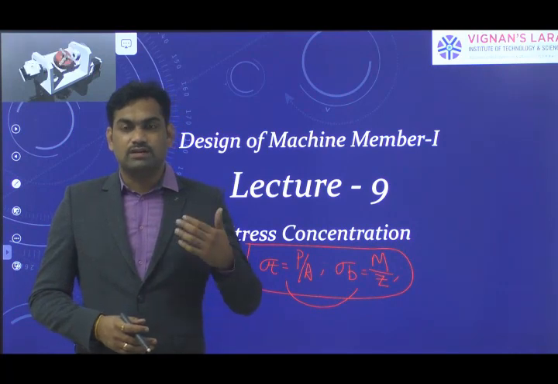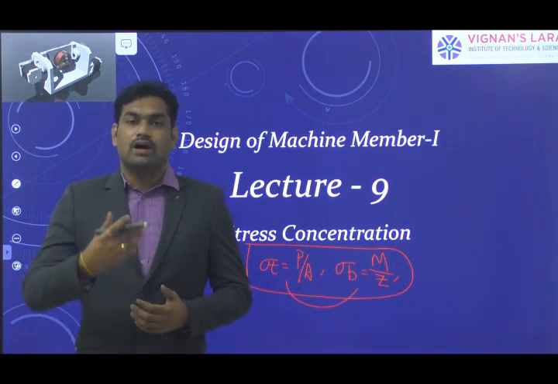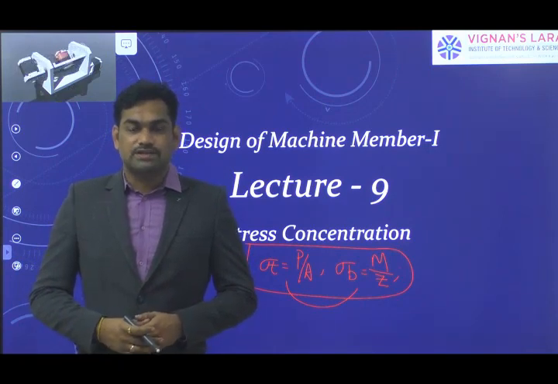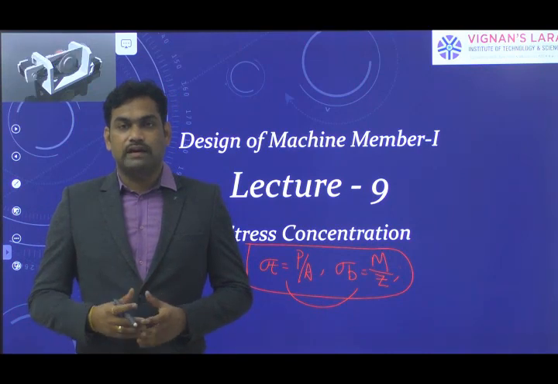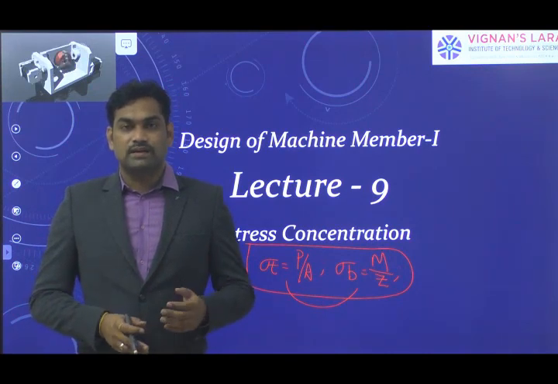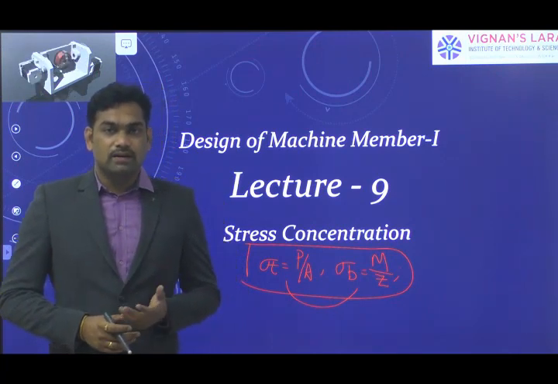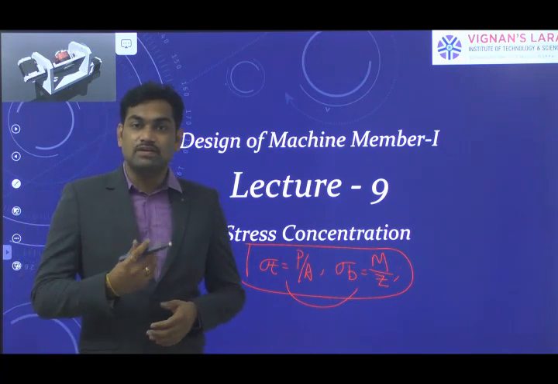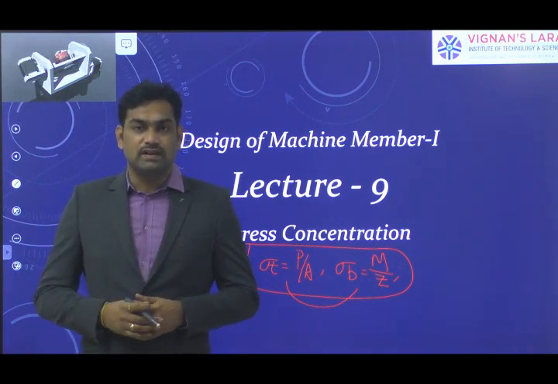So likewise there are many causes. For example, if you need to place a hub on a shaft, we make keyways so that you can provide a key. There will be many such geometrical differences. Geometrical features need to be included in the machine component rather than a uniform cross-sectional area.